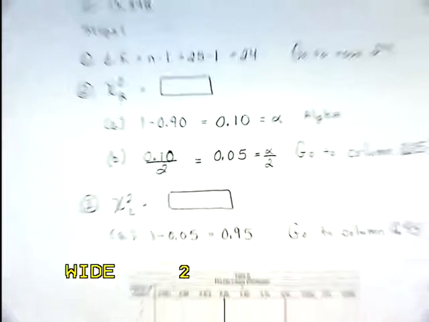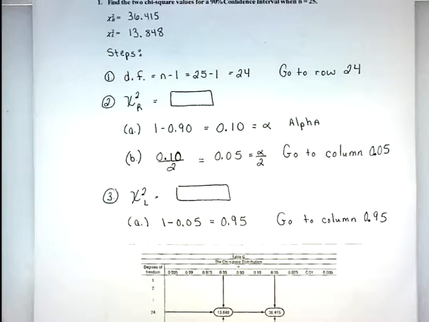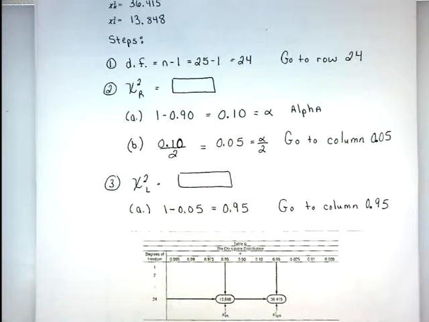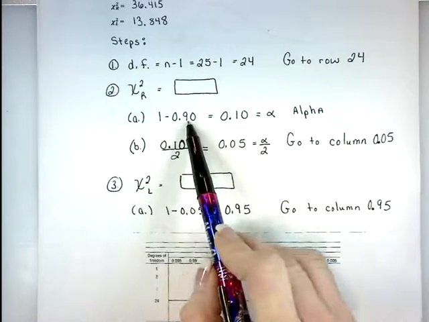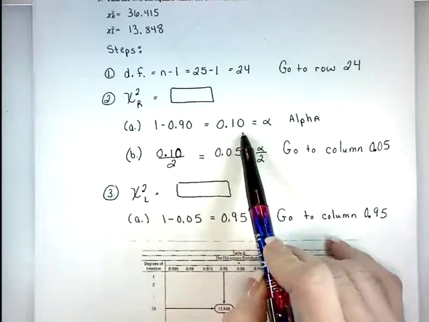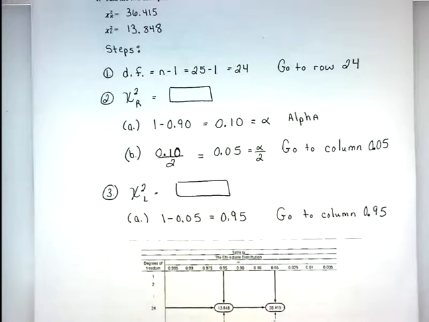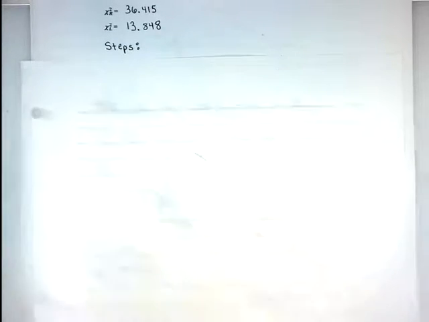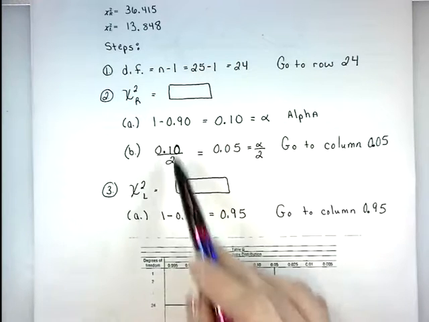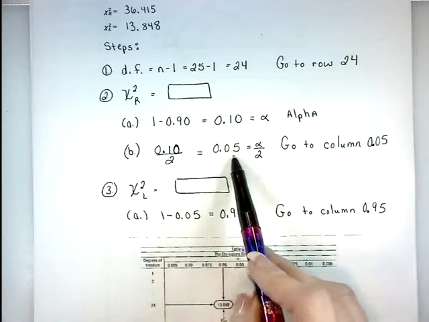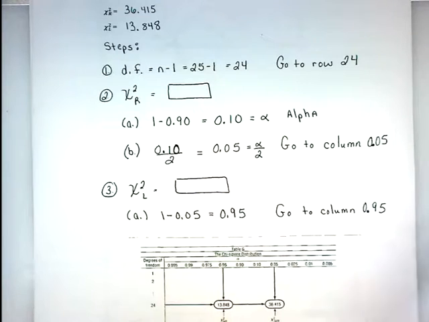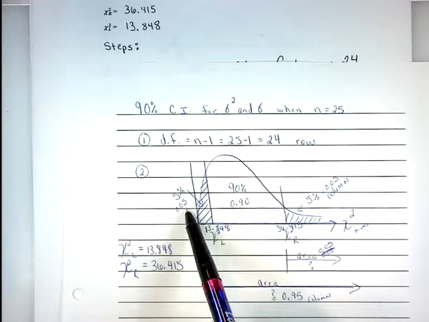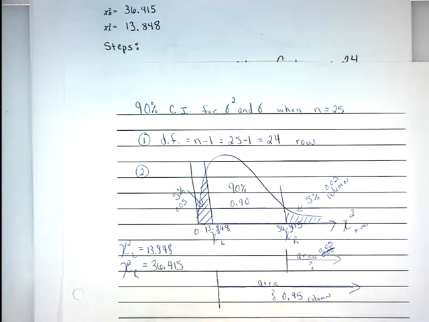You can follow these steps every time if you wish to find chi-square from the right and left, or you could draw the picture. So 1 minus given degree of confidence is 10%, and that's alpha, that's the area in both tails together. 5% and 5% is 10%. So alpha is 10%. Alpha over 2 is going to be 5%, and that's the area in each tail. So 5% is alpha over 2.